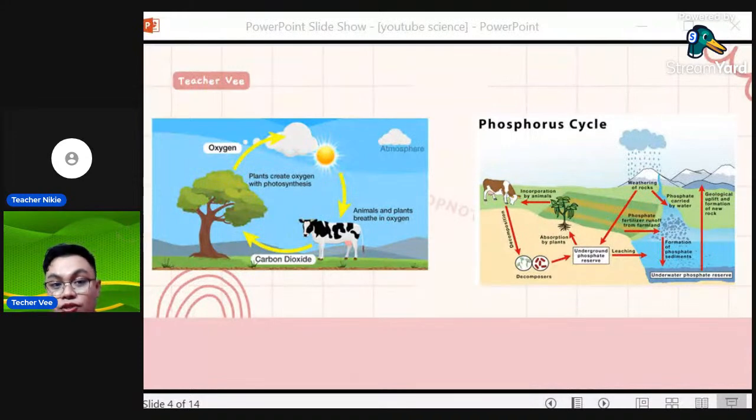It's because phosphorus kasi po is an important structure when it comes to genetic material, and in the composition po of the cell membranes, our bones, and our teeth. So again, phosphorus po is an essential nutrient for sustaining life on Earth. Kaya important din po yung phosphorus cycle natin.